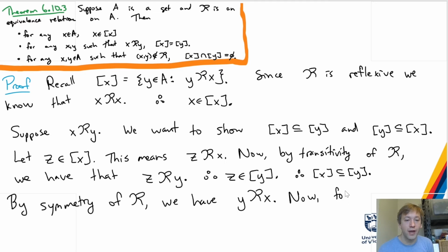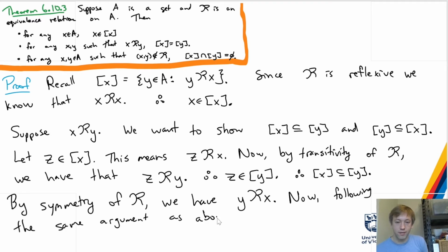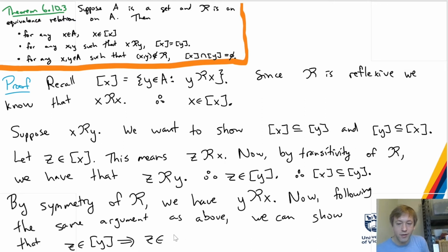Following the same argument as above, we can show that z being in the equivalence class of y logically implies that z is in the equivalence class of x. Basically we want to do the same argument as above, except we want to use this instead of this.